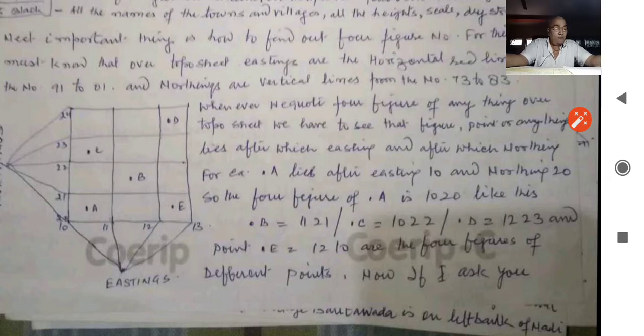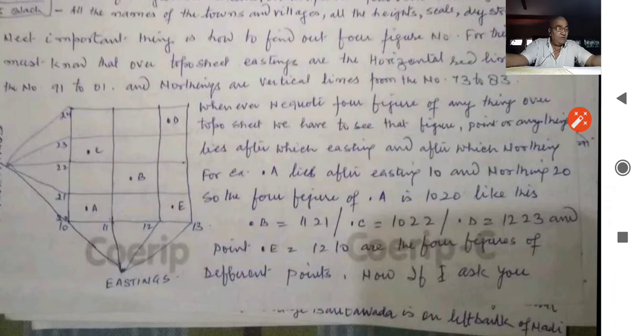It is in 4 figure, that is why it is called 4-figure grid reference number. Like this, point B lies in 1121. Point C lies in 1022. Point D lies in 1223. And point E lies in 1210.